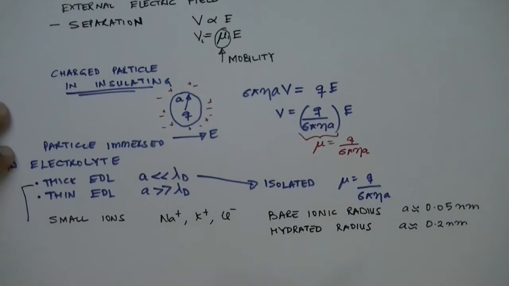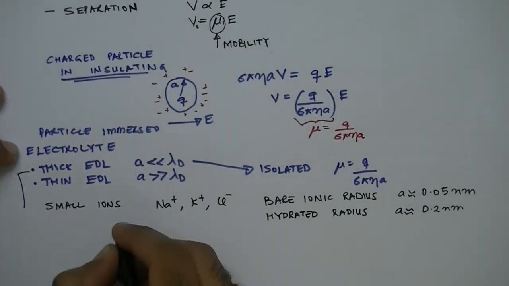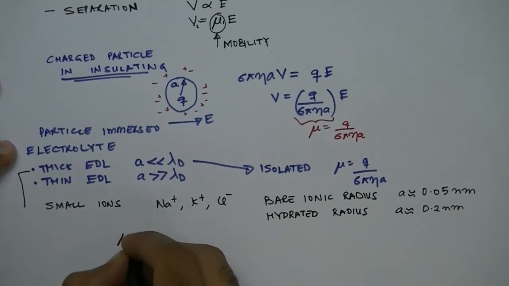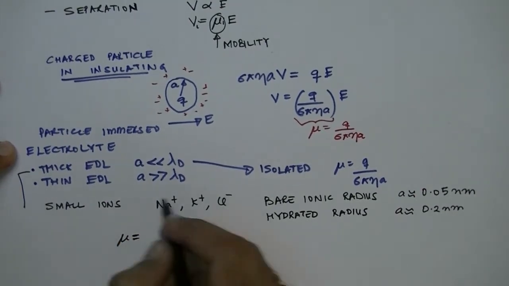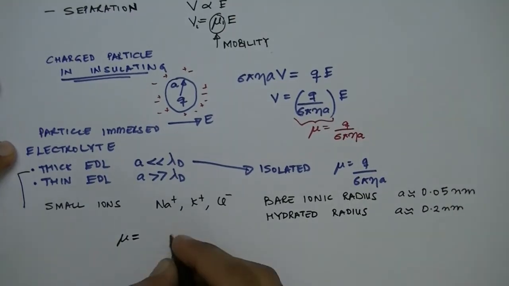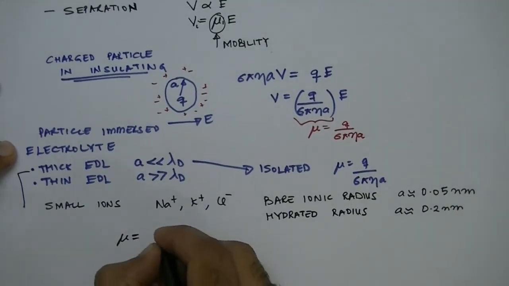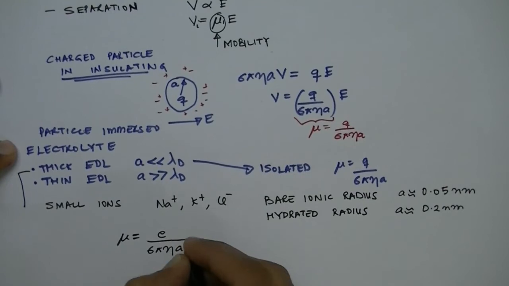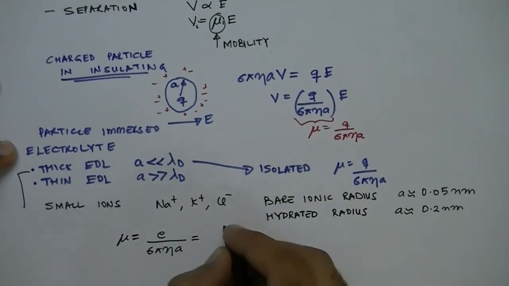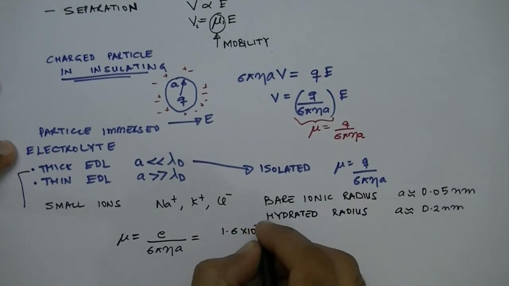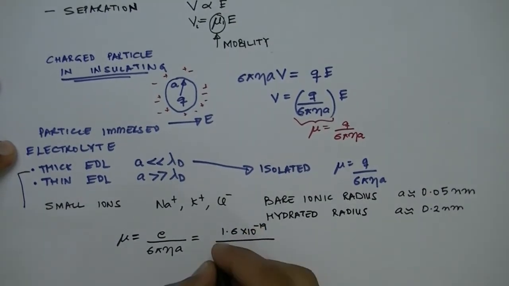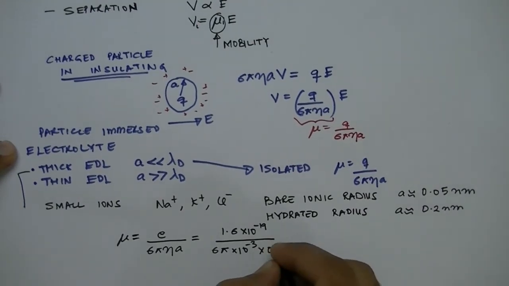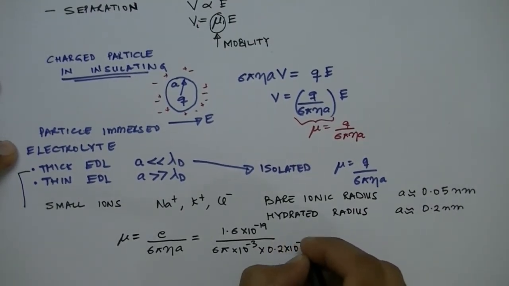Now if we calculate the mobility based on this simple model, let's say we want to calculate the mobility of an ion with unit charge or unit valence. So in that case the charge is equal to the charge on an electron, and if we plug in these values, we have 1.6 times 10 to the power minus 19 coulombs as the charge, and we have 6 pi, the viscosity is 10 to the power minus 3 in SI units, and the radius is 0.2 nanometers.